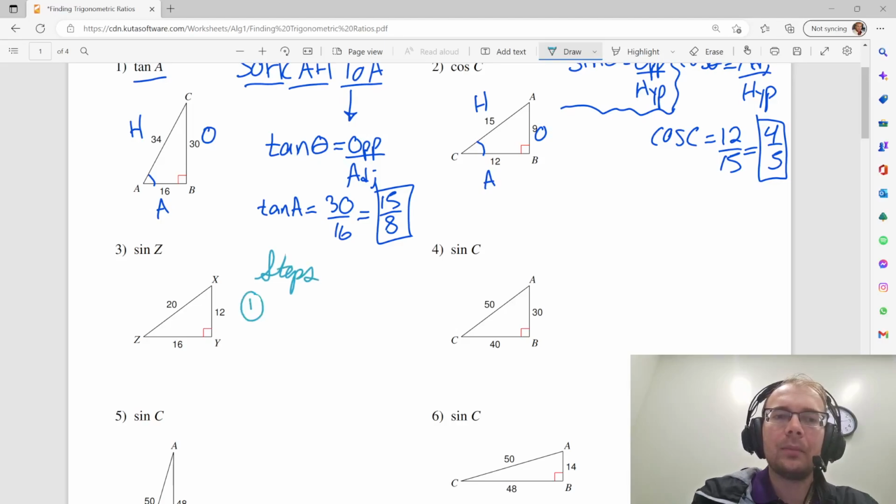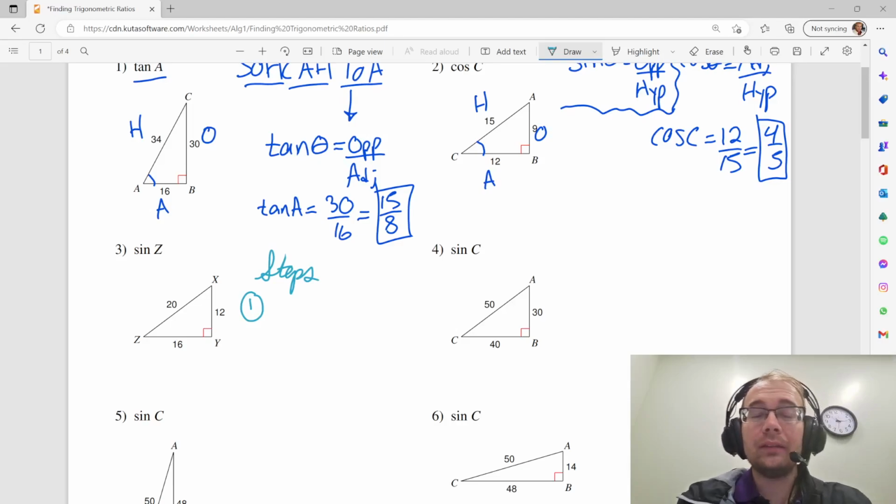So the steps that I'm using here are basically this. If you saw the last couple videos that I put out in this series on Algebra 1 worksheets, using sine, cosine, and tangent to find missing sides or angles in a right triangle is normally done with these 3 steps.